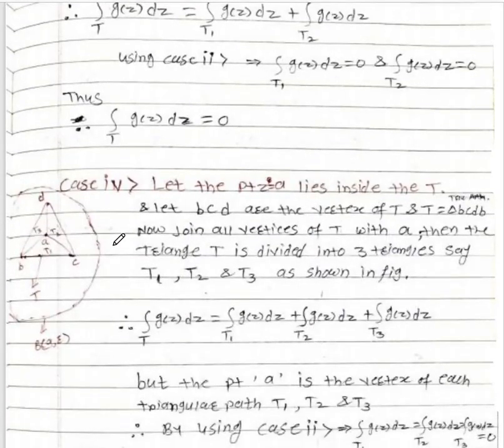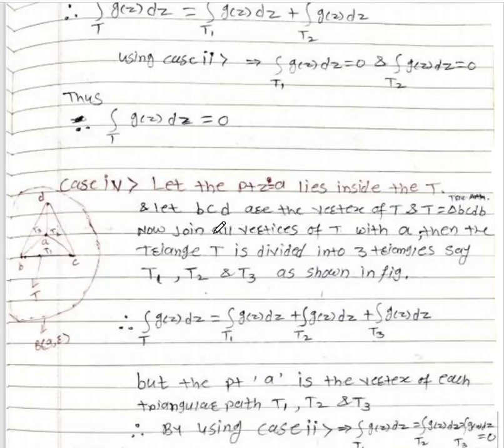Let the point z equal to a lie inside the triangle T. So we consider that this is the open disc whose center is a and radius r, and this is the triangle BCD.